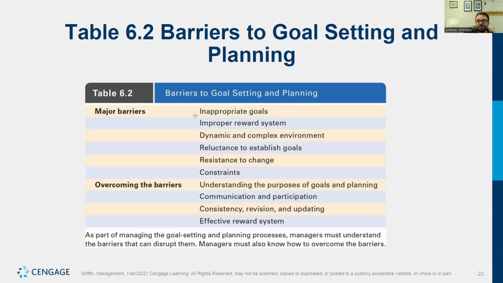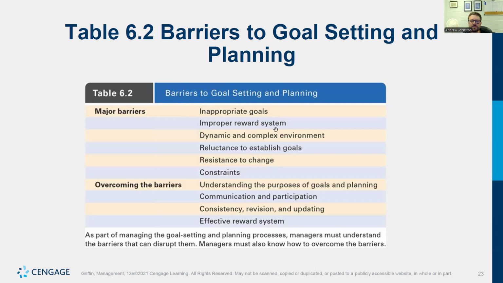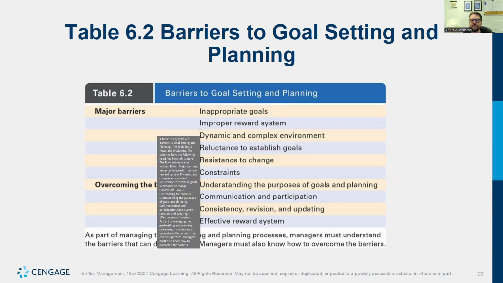Maybe it's possible, but if we set goals that aren't realistic, those are going to be inappropriate. An inappropriate reward system, if we're tying reward to goals that are not achievable, is going to create some problems. If we're operating in a really dynamic and complex environment, if things are changing so quickly, that can be a barrier to effective goal setting and planning.